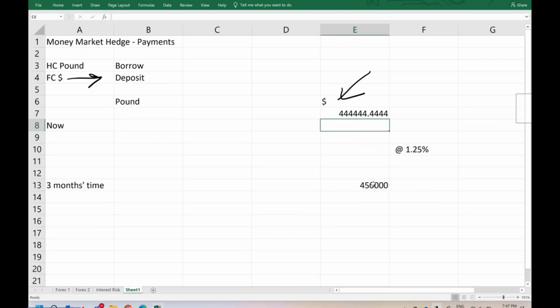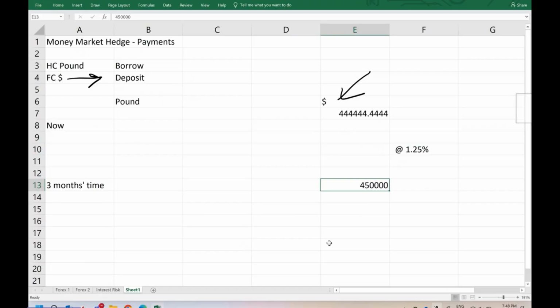That means if we have $444,450 today, and we deposit at this rate with the bank for 3 months, after 3 months the bank will give me this. You can find it out: this multiplied by 1.0125, you will get the same answer.